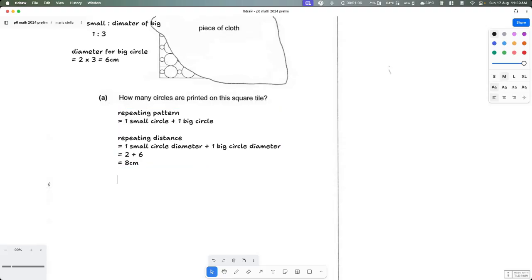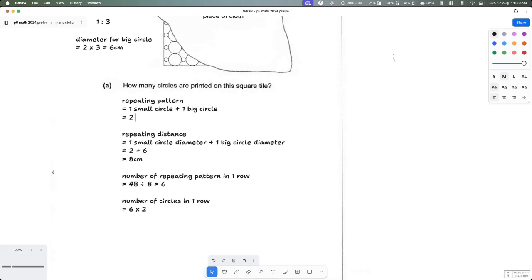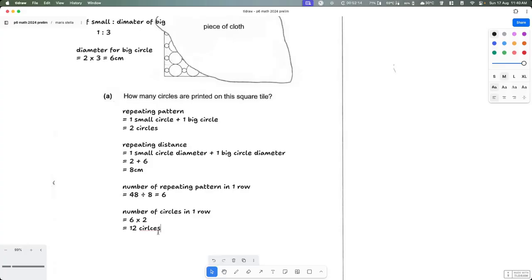So the number of repeating patterns in one row is equal to 48 divided by 8, which is 6. Then the number of circles in one row is equal to 6 times 2, since each repeat has 2 circles. So 6 times 2 is equal to 12 circles.